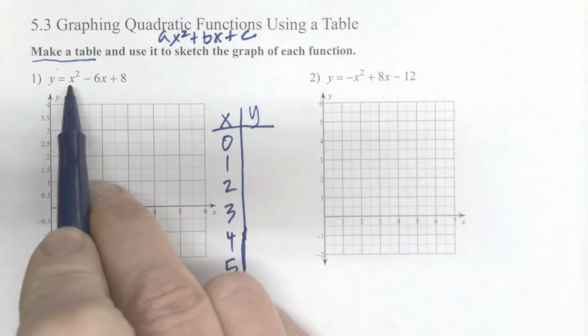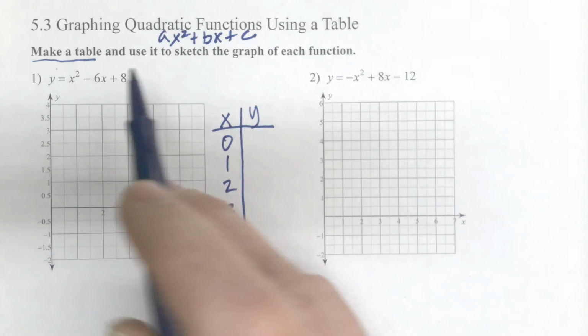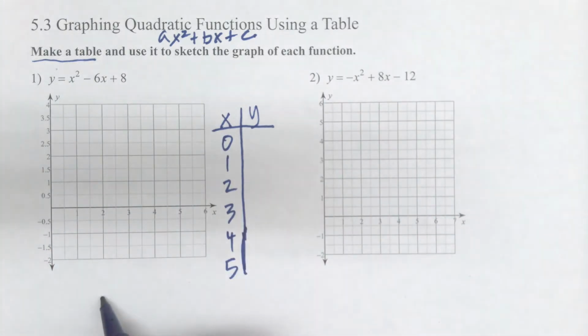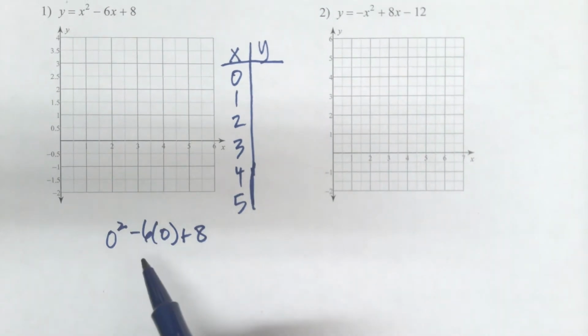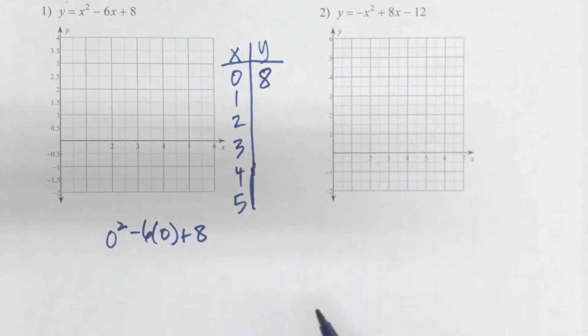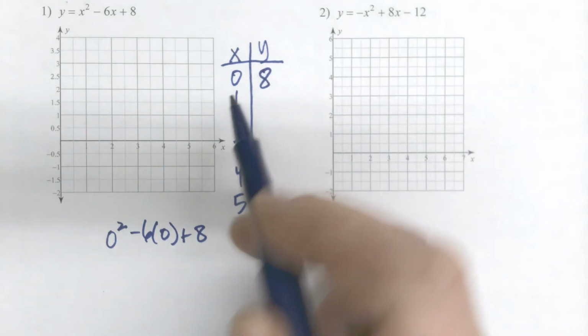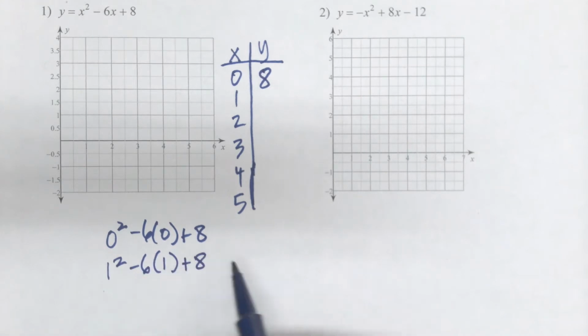What do I get when I do 0 squared minus 6 times 0 plus 8? I can just plug that in my calculator or do the math. However, I get 8 when I'm done with that one. Then I'll plug in the next one. That's 1 squared minus 6 times 1 plus 8.